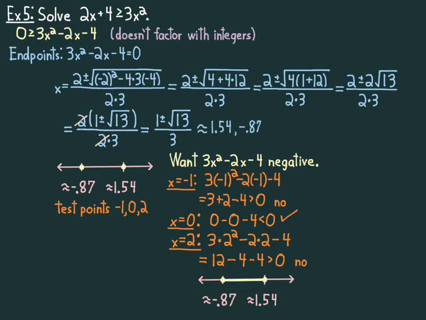So when I write my interval, if they ask me to estimate to 2 decimal places, I would just have parenthesis -0.87 comma 1.54. That makes me very nervous as a mathematician because there are endpoints, and the endpoint is not -0.87.